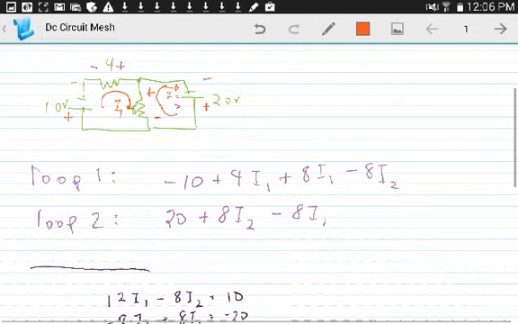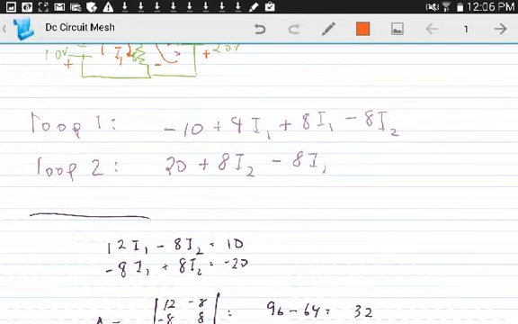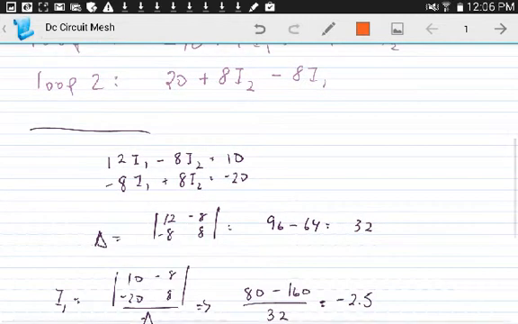Now we have two equations, and we simplify, combining like terms. You can use substitution, but I chose to use a matrix because I'm used to it.